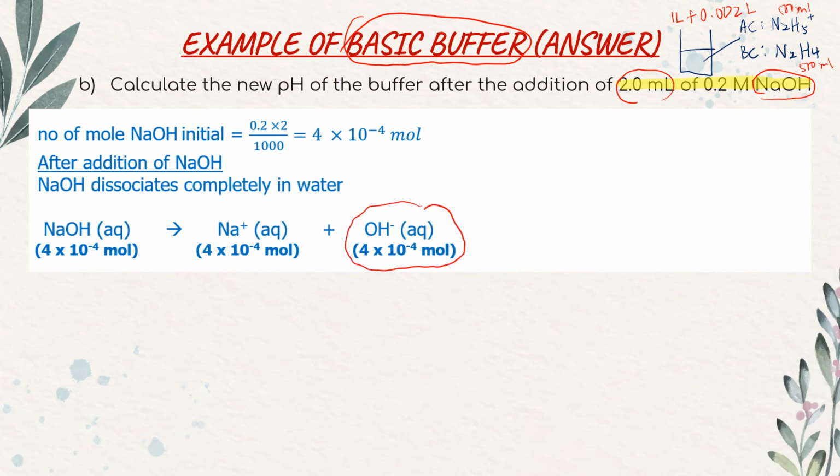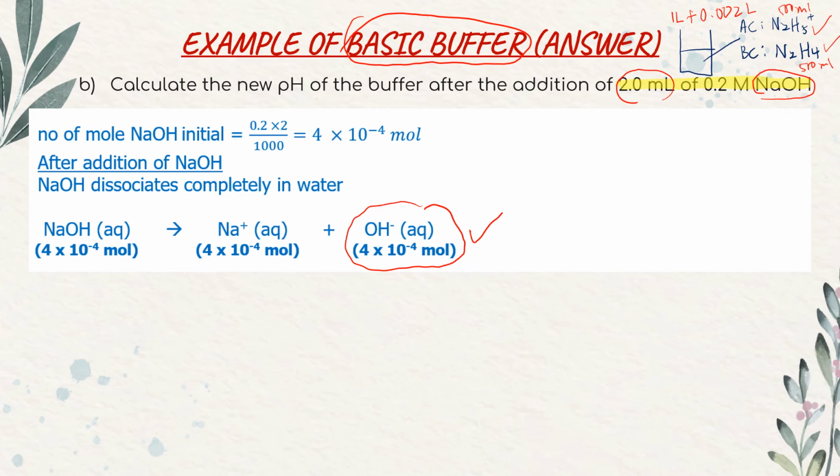So once we have the number of mole of the OH minus, the real disturbance, apa yang kita akan buat sekarang adalah, okay, kita akan kira dulu the new concentration. Concentration siapa? Ketiga-tiga spesies yang kita tambah. Kita kena kira new concentration of OH minus. We need to calculate the new concentration of N2H5 and also the new concentration of N2H4.